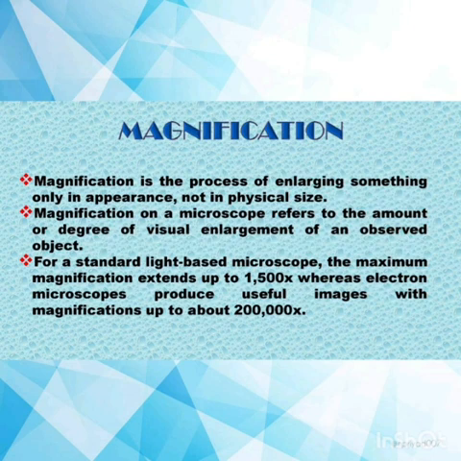For a standard light-based microscope, the maximum magnification extends up to 1500x, whereas electron microscopes produce useful images with magnification up to about 2 lakh x.